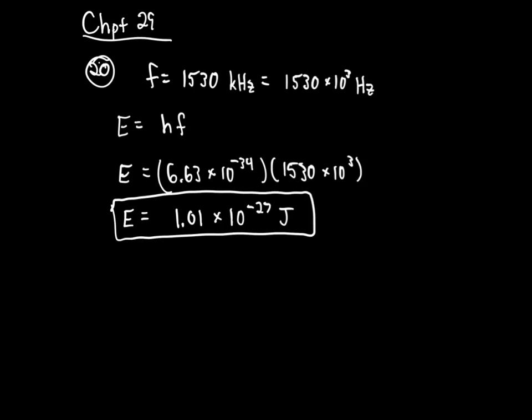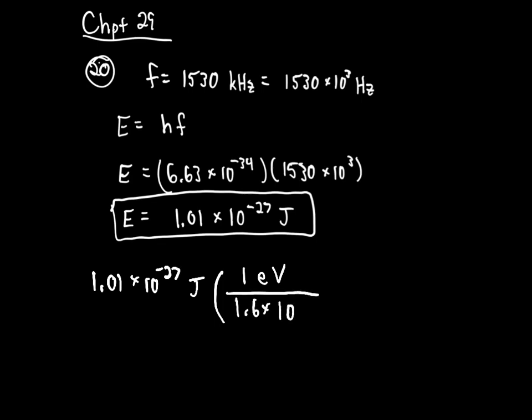To find it in electron volts, I multiply this number, 1.01 times 10 to the negative 27 joules, and I know 1 electron volt is equal to 1.6 times 10 to the negative 19 joules. So that's a conversion factor. Do that multiplication and you should get 6.34 times 10 to the negative 9 electron volts.